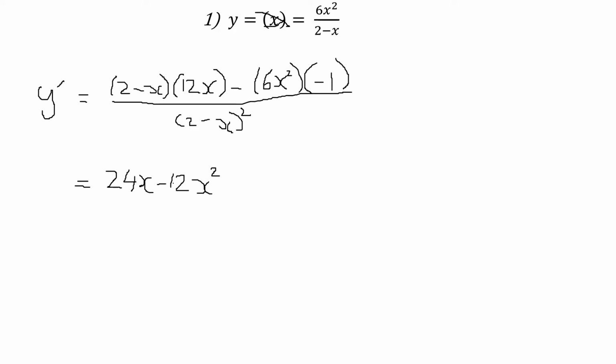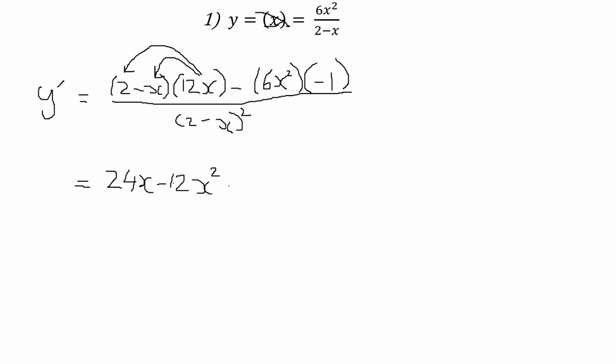What I did here is 12 by 2, that gives me 24x, and 12 by -x gives me -12x squared. 12 by 1 is 12, and x by x is x squared.